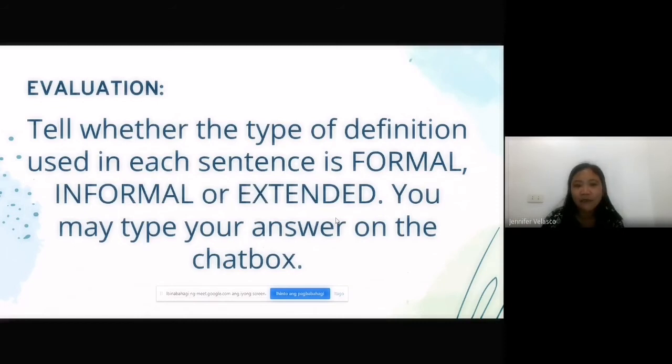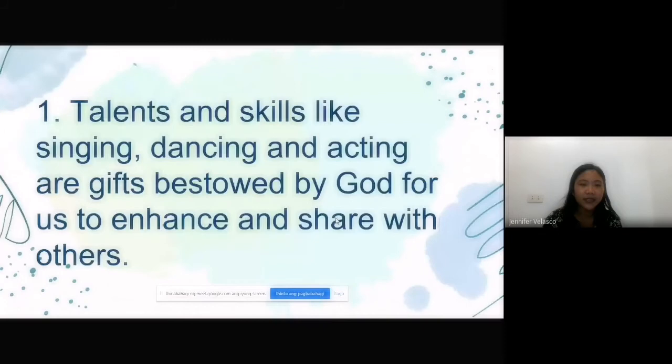This time, tell me whether the type of definition used in the sentence is formal, informal, or extended. You just recite, okay? Raise your hand in giving me the correct answer. Let's have now the first sentence. Who would like to recite this one? Anyone?